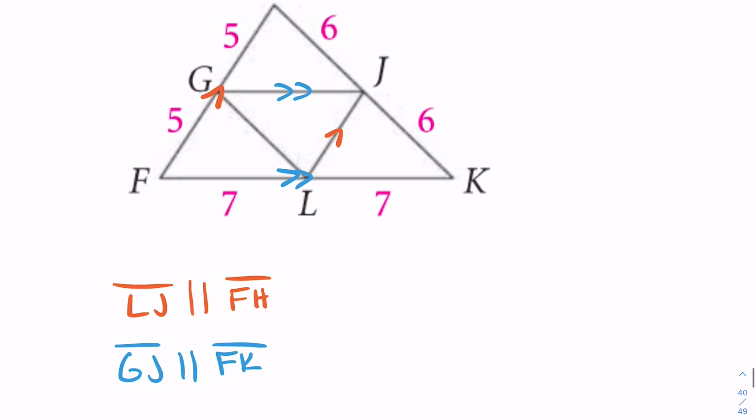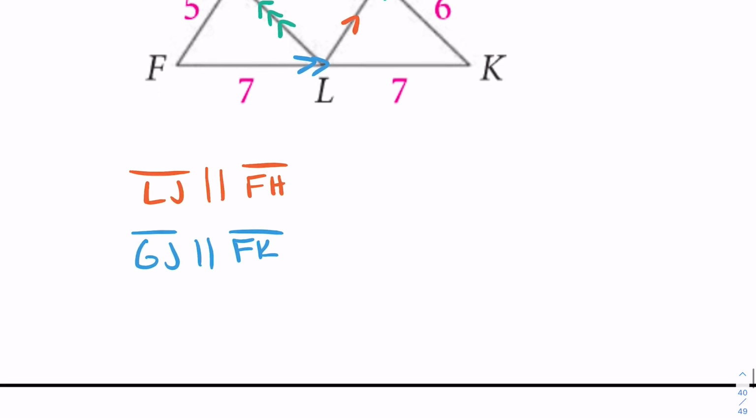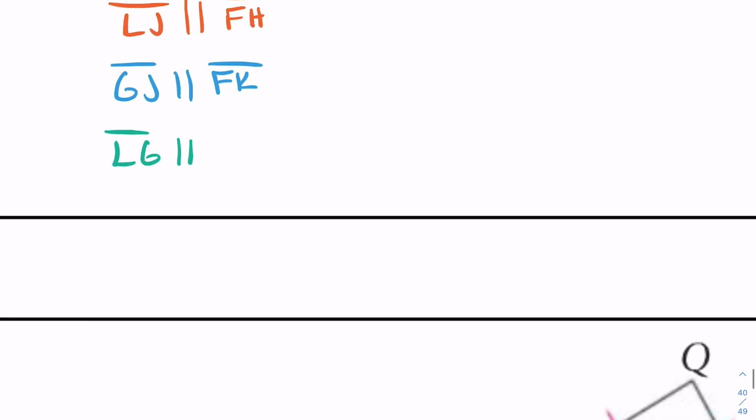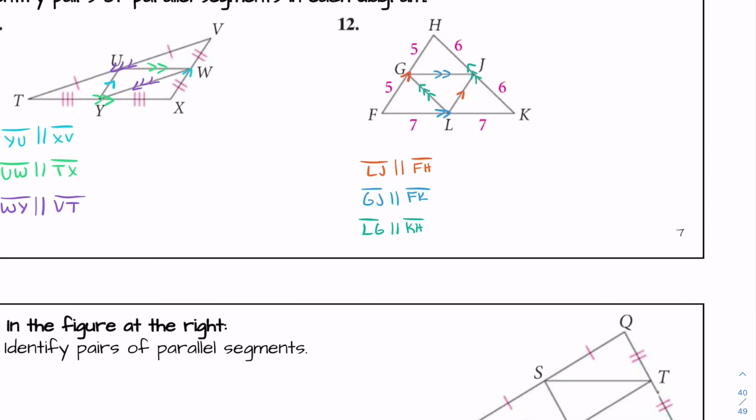And the last one is, let's see, oh, that's all right. Doesn't matter. You don't have to follow the arrows. I'll do it for this one, though. Let's do LG is parallel to KH. And that's it for those.